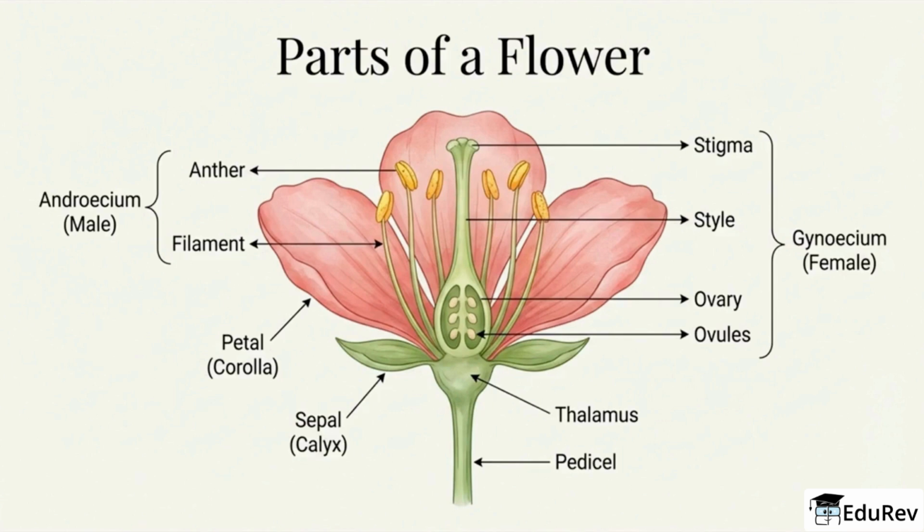The androecium is the male part, consisting of stamens, each with an anther that produces pollen mounted on a filament. Surrounding these are petals, the corolla, that attract pollinators, sepals, the calyx, that protect the bud, and the thalamus or receptacle that supports the floral organs. The whole flower sits on a pedicel.